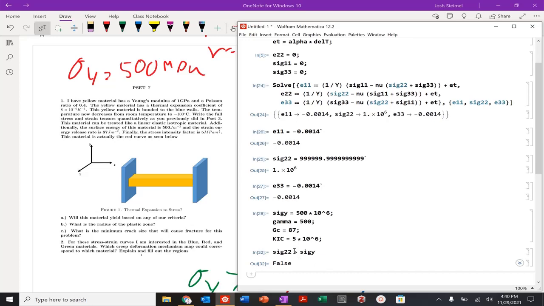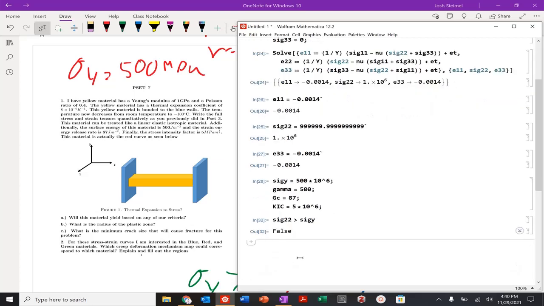What is the radius of our plastic zone here? We have that equation; we've gone through it already in our notes in class. So my Rp is going to be equal to my K1, not my K1C.